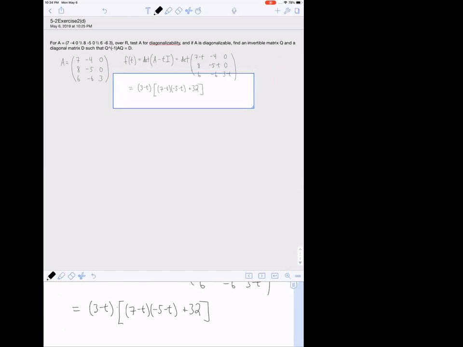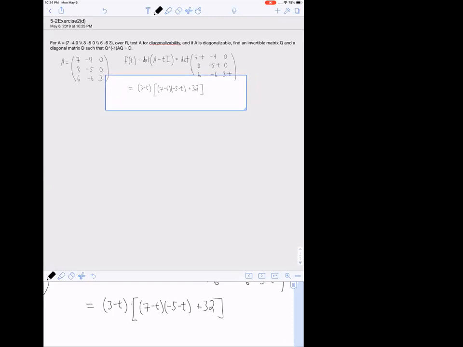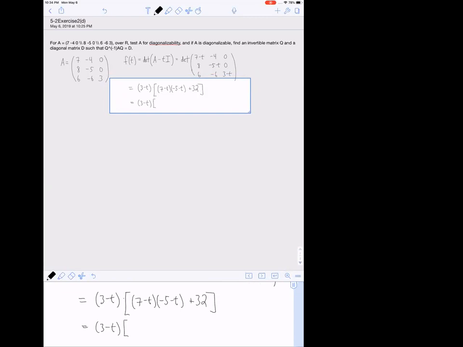That's the determinant. Well, we can't exactly determine whether or not this polynomial splits here because of that plus 32, adding 32 to an otherwise product of monomials. So we're going to have to expand this out. We'll leave the 3 minus T alone because that actually is a factor at the moment. And inside these square brackets, we'll get a negative 35.